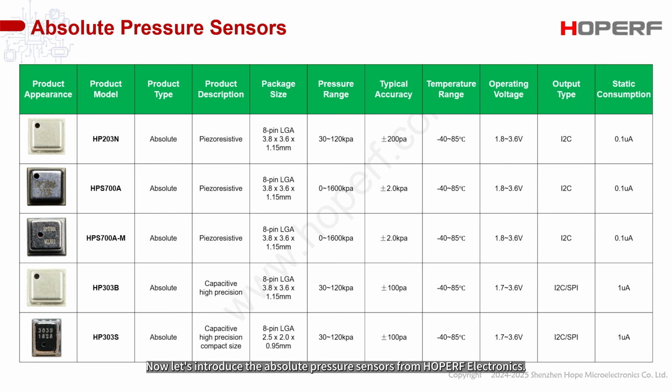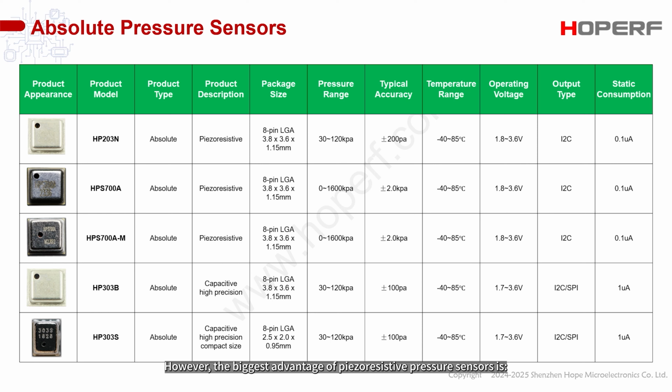Now let's introduce the absolute pressure sensors from Hoperf Electronics. The 5 products you see here. The first 3 models are piezo-resistive absolute pressure sensors. The last 2 are capacitive pressure sensors. From the product specifications, we can see that the measurement accuracy of capacitive pressure sensors is generally higher than that of piezo-resistive pressure sensors.